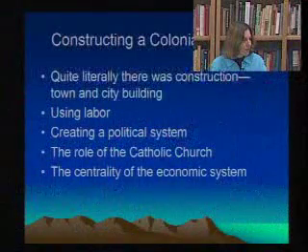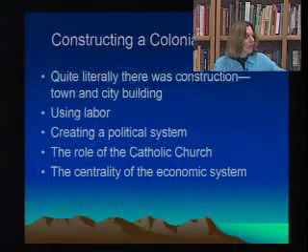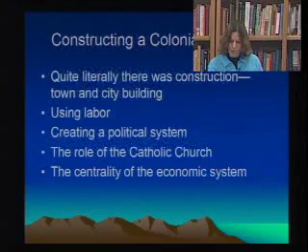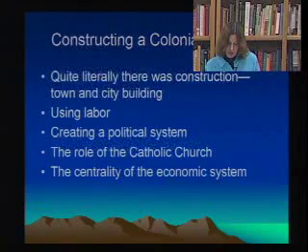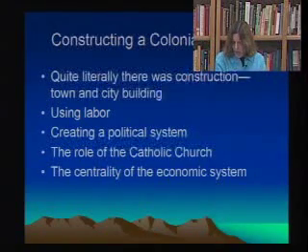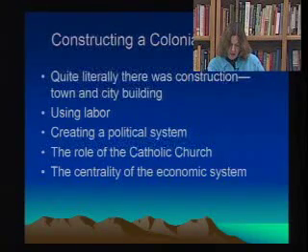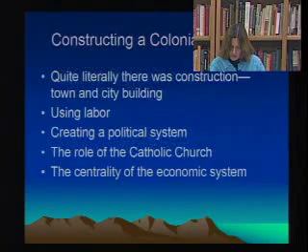And one aspect of creating a colonial society in the early period I have split into two on the outline in the PowerPoint: using labor and the economic system, and the centrality of the economic system. Those two factors are crucially linked together. But in terms of creating an institutional structure, first, on the part of the Spanish, there was a tremendous emphasis on town and city building.